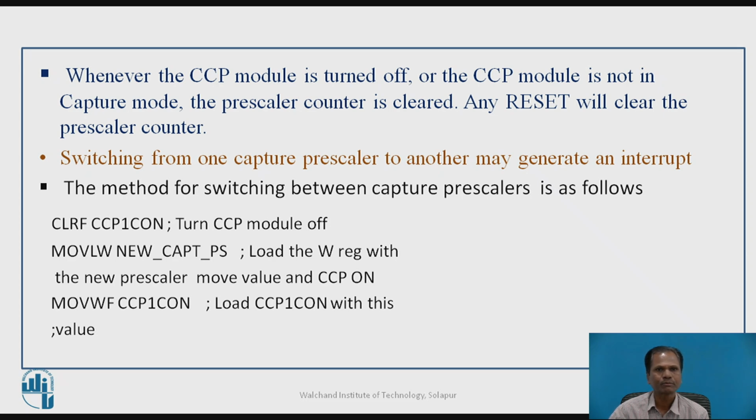So the method for switching between capture prescalers is as follows. First clear CCP1CON register so that CCP module is turned off, then load the W register, working register, with the new prescaler value using MOVLW, and move the value from W register to CCP1CON register, MOVWF CCP1CON.